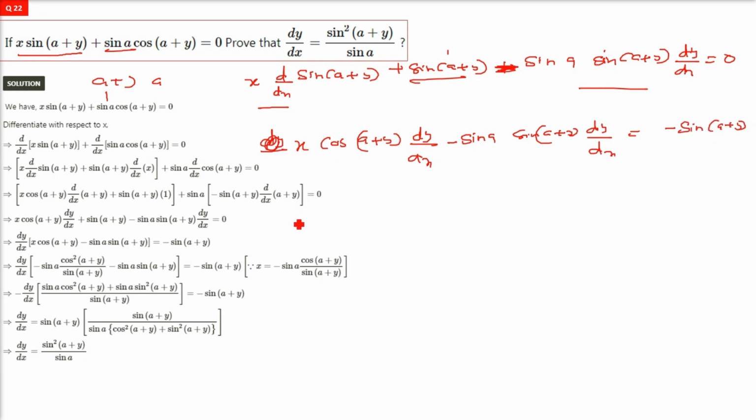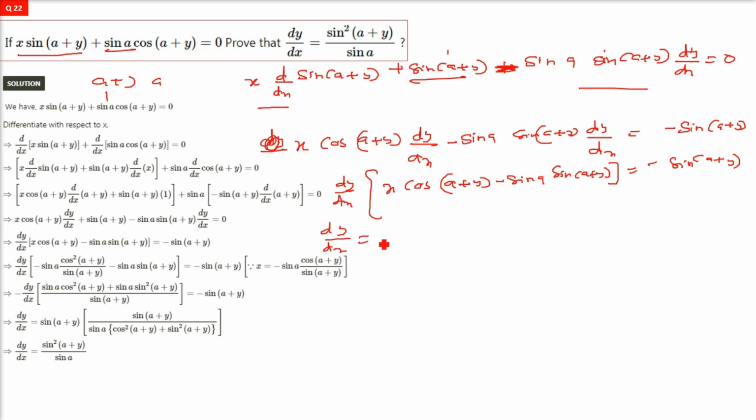Now take this dy/dx common here. Inside that you will get x cos(a+y) minus sine(a+y), and on the right hand side you have minus sine(a+y). Now bring this in the denominator. So dy/dx will be equal to minus sine(a+y).